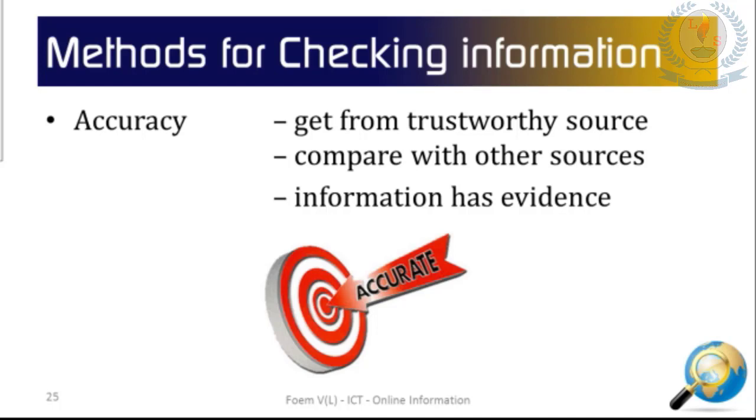That means, can you trust that source? Then compare with other sources too. If you compare with another source, both sources should tell the same thing. Information should have evidence. Some information will be there without evidence, so only if evidence is provided can you consider this information correct.